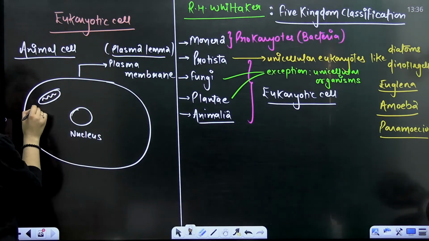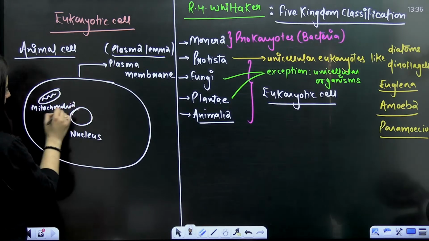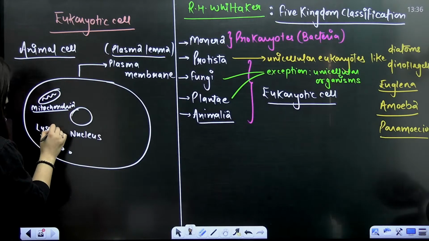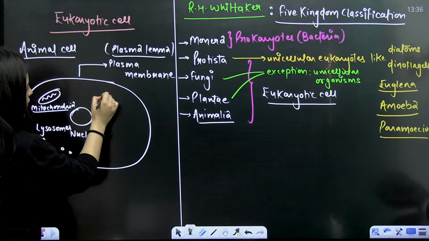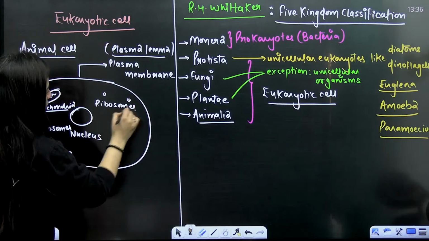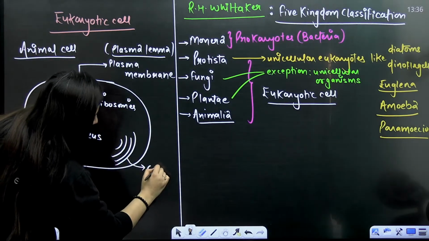For example, mitochondria, also known as the powerhouse of the cell. We will also see lysosomes and ribosomes there. We will also see the Golgi apparatus.